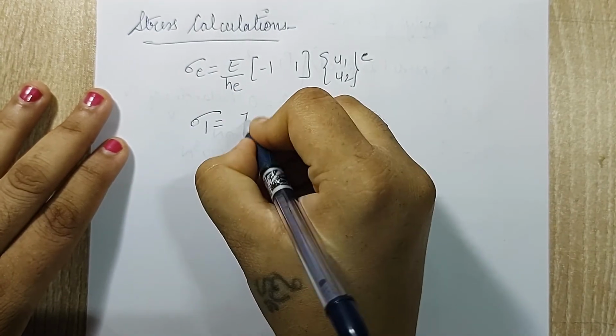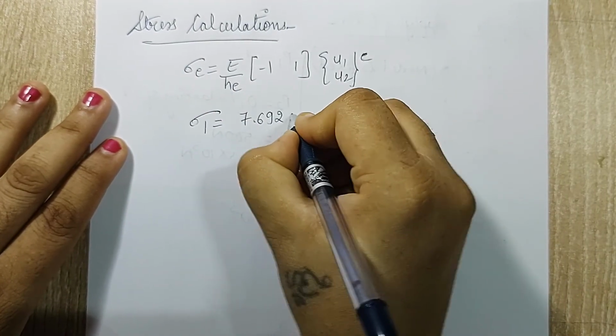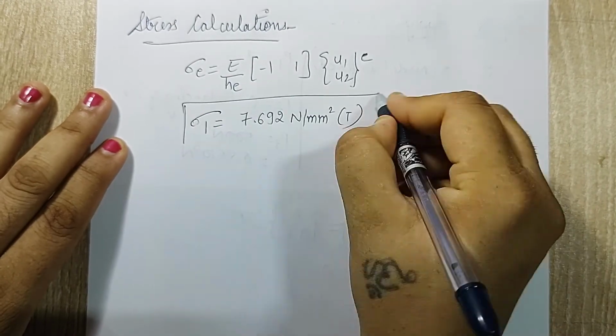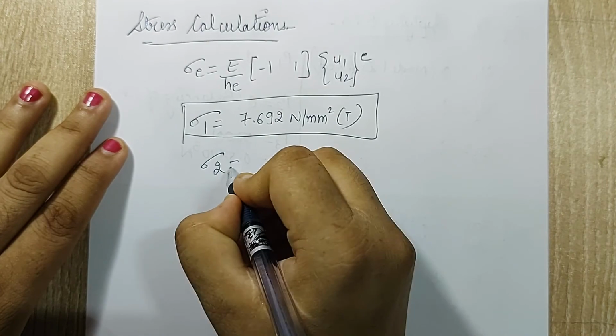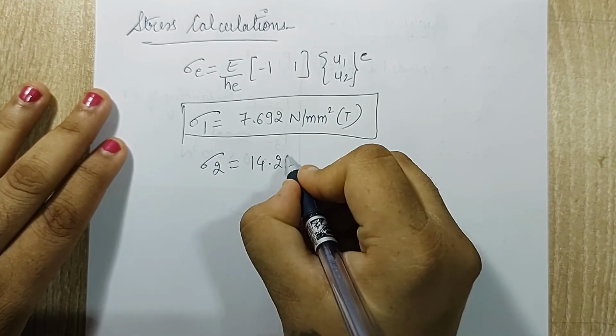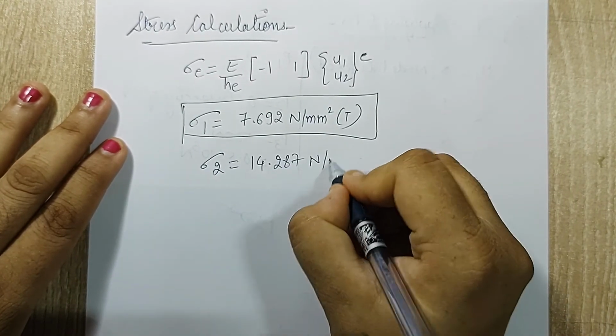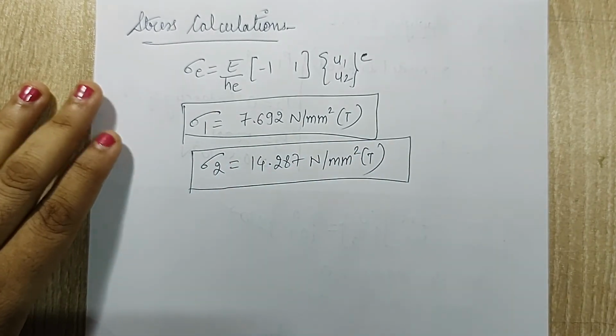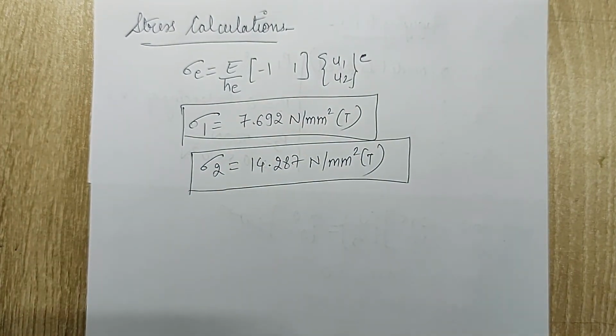I'll get sigma 1 as 7.692 Newton per mm square tensile, and sigma 2 I have got as 14.287 Newton per mm square. Obviously it is tensile. So this is how the numerical of a tapered bar is supposed to be solved, by converting into a step bar first and then using the equations of step bar.